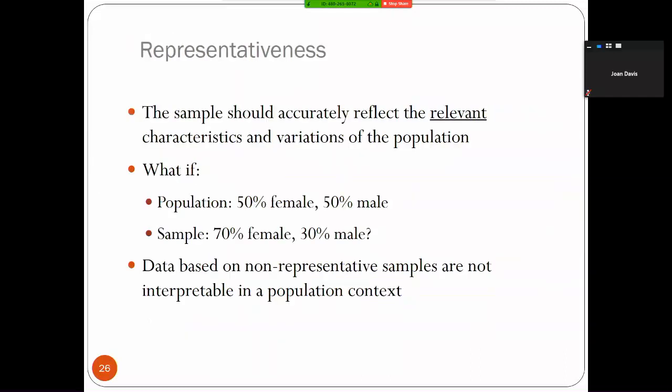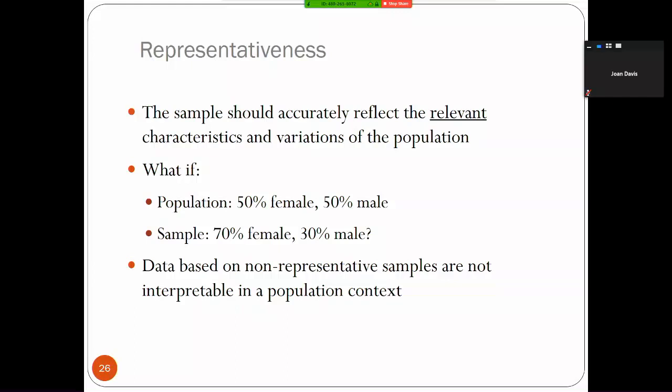So what if we had a population, we knew in the population cardiovascular disease was split 50-50 between males and females, but our sample is 70% female and 30% male. What could we then say about the population of people with cardiovascular disease based on our sample-based study? Really nothing whatsoever.